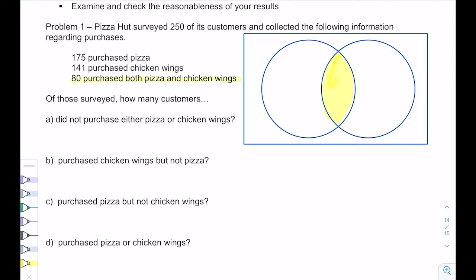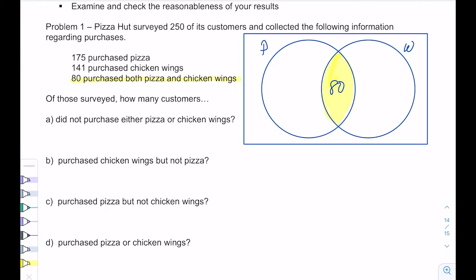So that's going to be the intersection, and I'm going to place the 80 right here in the middle of the two sets. One of the sets is going to represent pizza, which I'll label as P. The other is going to be the chicken wings, which I'll label just as W. And then we know that the outer part, so the inside of the rectangle that's not including the circles, would be those who didn't order either of those items.